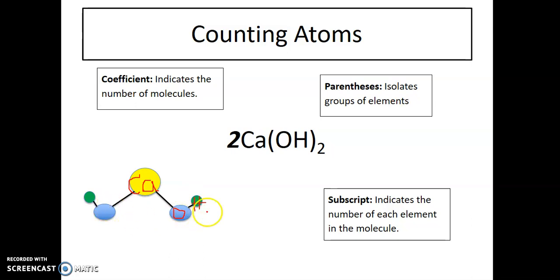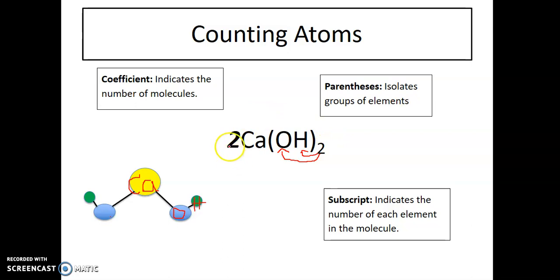Okay, why are there then 2 of them? Because this subscript, 2, is referring to everything in the parentheses. So my 2 is going to be distributed to my oxygen and to my hydrogen. Therefore, I have 2 oxygens, 1, 2, and I have 2 hydrogens, 1, 2, in this 1 molecule of calcium hydroxide.